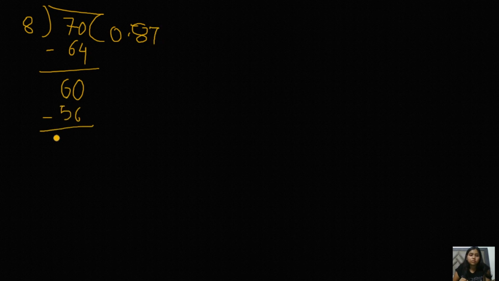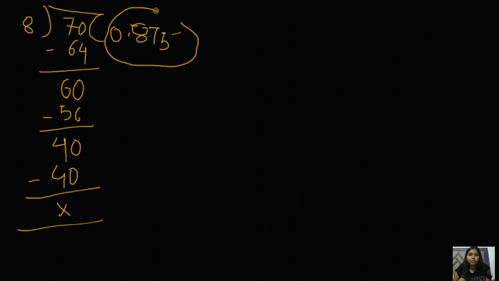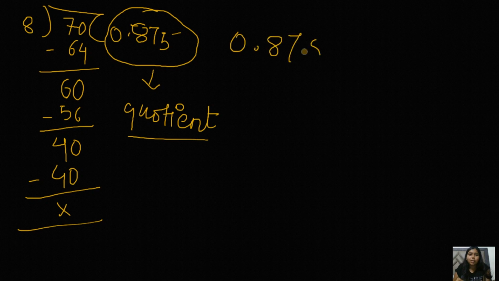This is a very basic and easy chapter for class 9th. So basically we'll get 0.875 as the answer. So tell me, 0.875 is which type of decimal expansion, as we have studied?